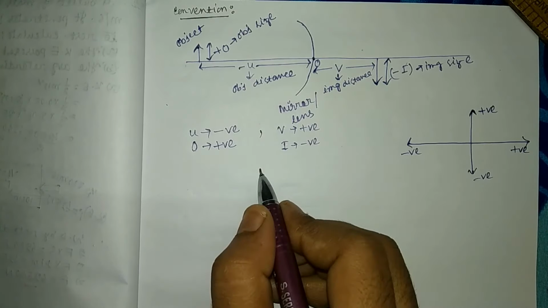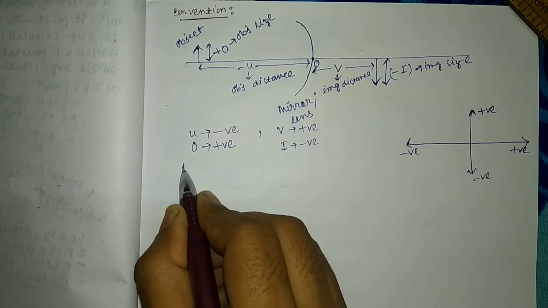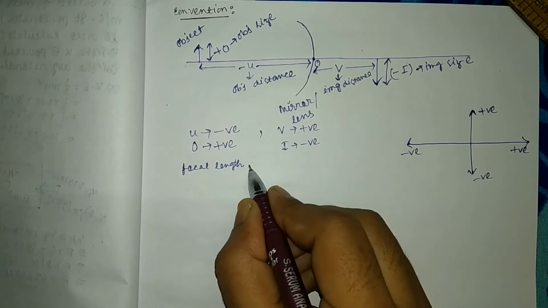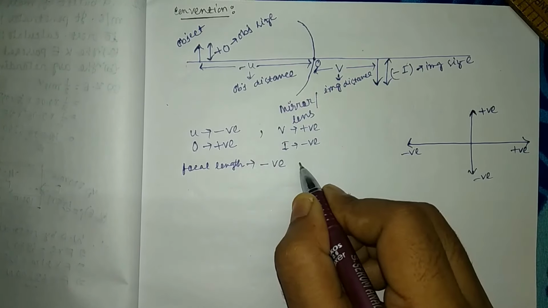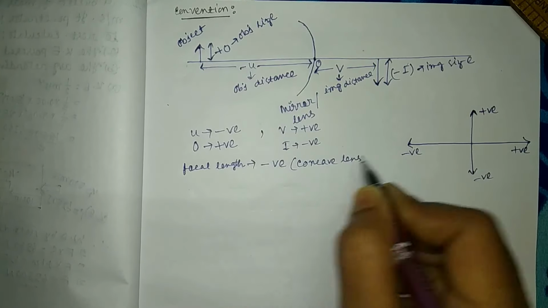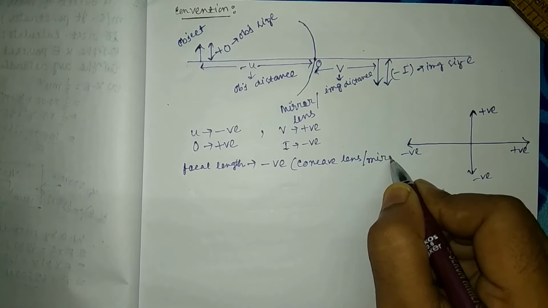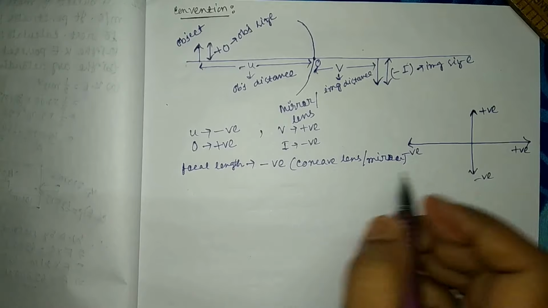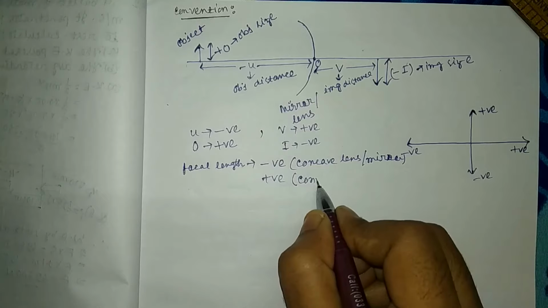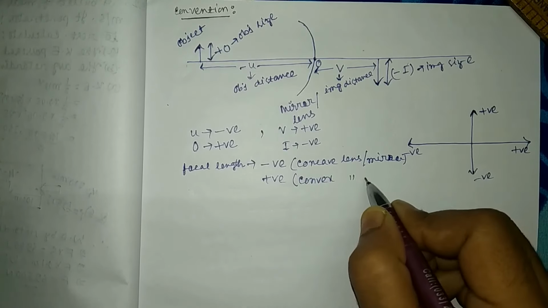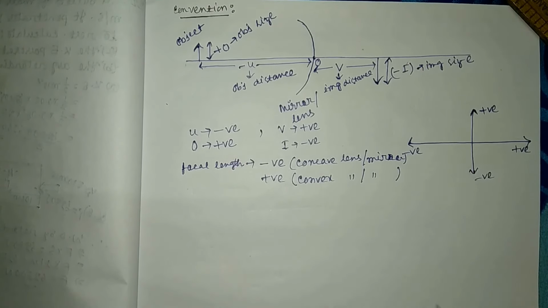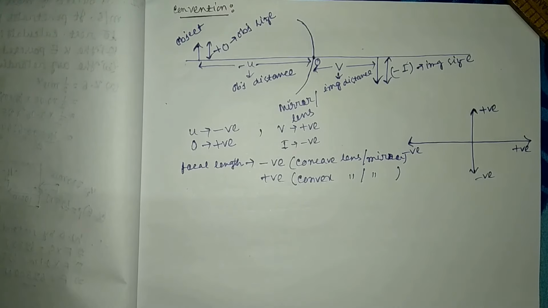So focal length will be negative for concave lens or concave mirror, and focal length will be positive for convex lens or convex mirror. Okay, so that is sign convention.